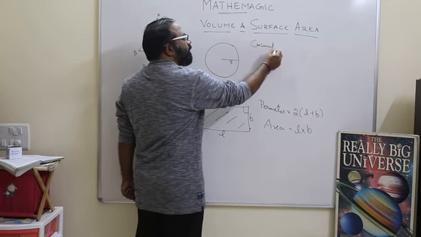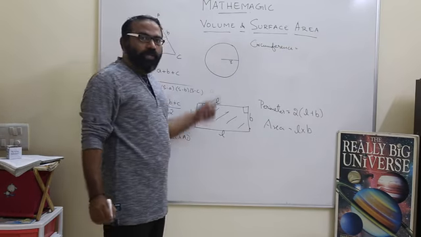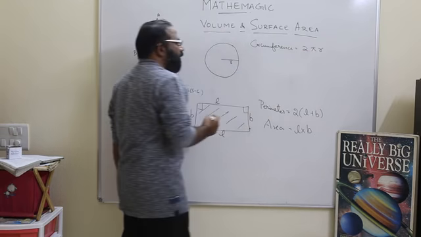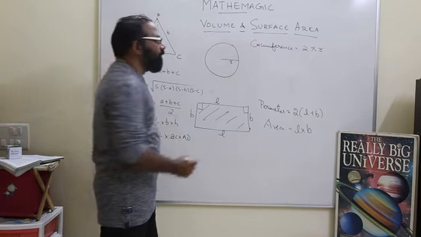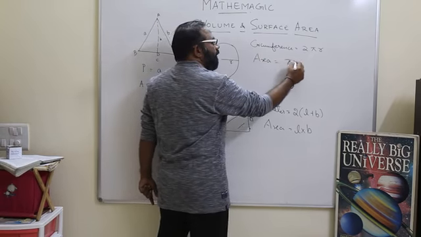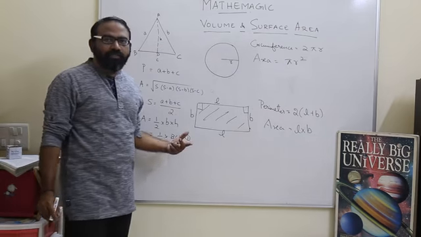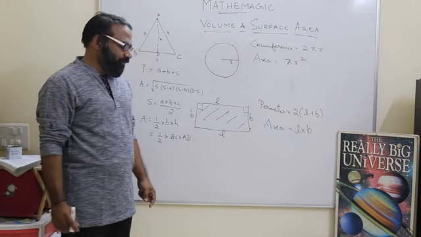So the circumference is equal to 2 pi r, and the area of the circle is equal to pi r square. These are all things that we have learned in earlier classes. We are just revising it before we go on to volume and surface area.